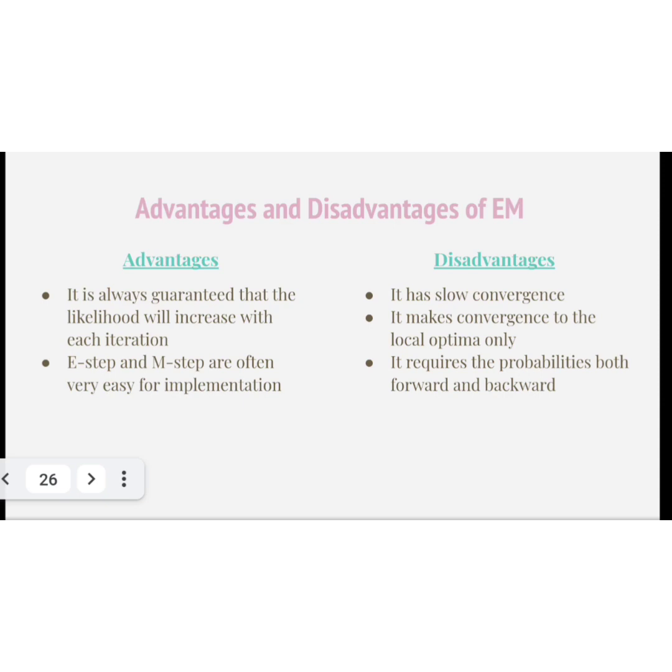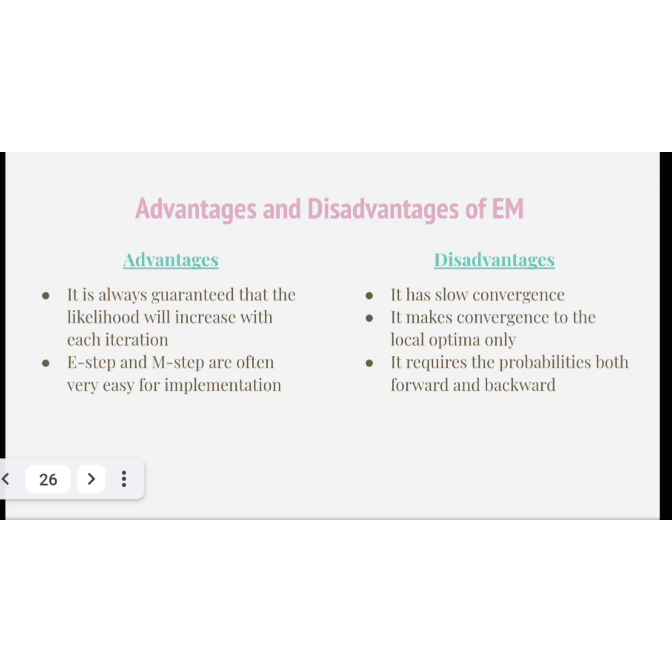Now coming to the disadvantages. Even though the convergence is guaranteed, the process will be a little bit slow. So that's a disadvantage. Now the convergence will always be towards a local optima, or local minima or maxima. There will not be any details regarding global optima, that means global maxima or minima.